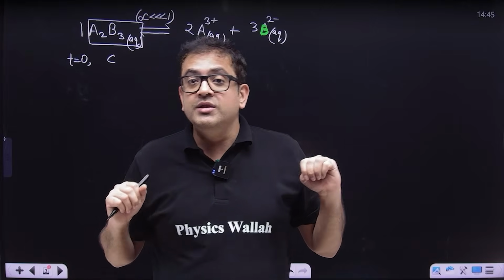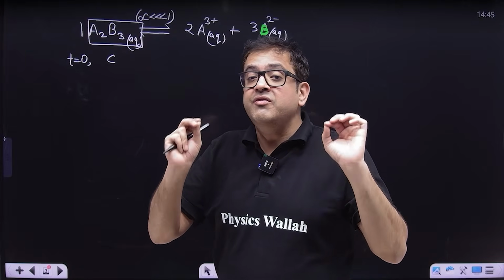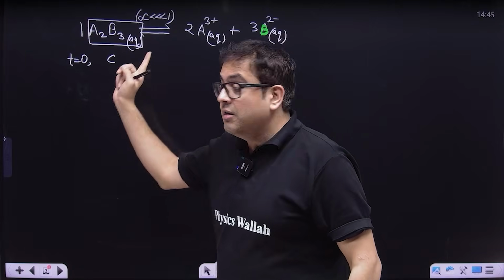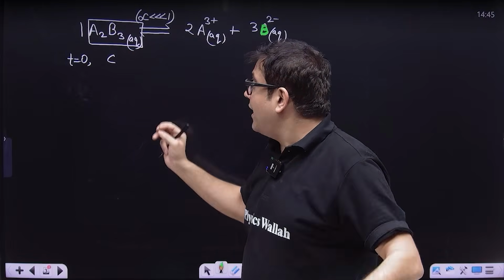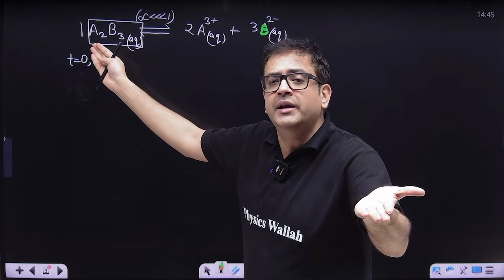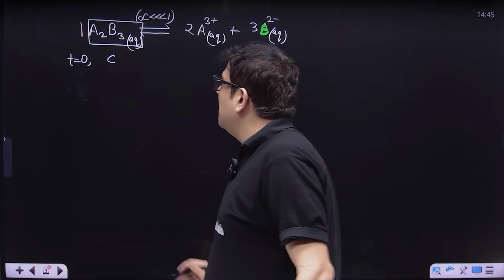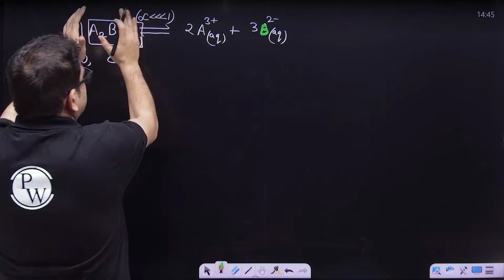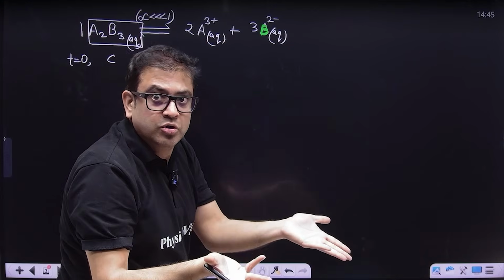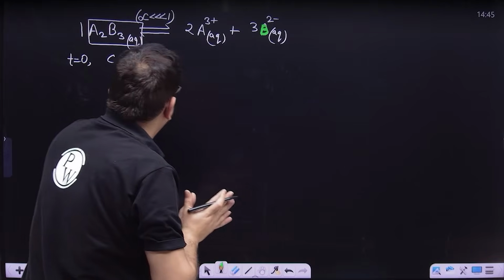So alpha is very much less than 1, as shown by the fact that it is telling you it's a weak electrolyte. That means it is not at all dissociating. Maximum amount of it is in an associated form. Some salts, covalent salts, do not dissociate.